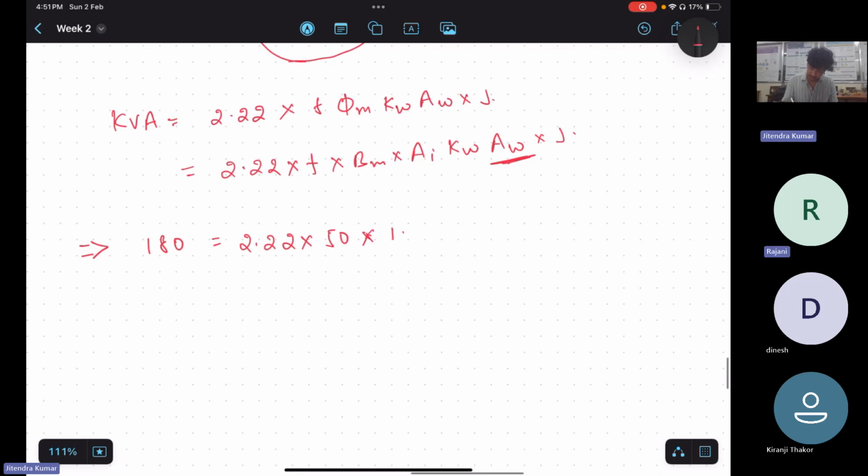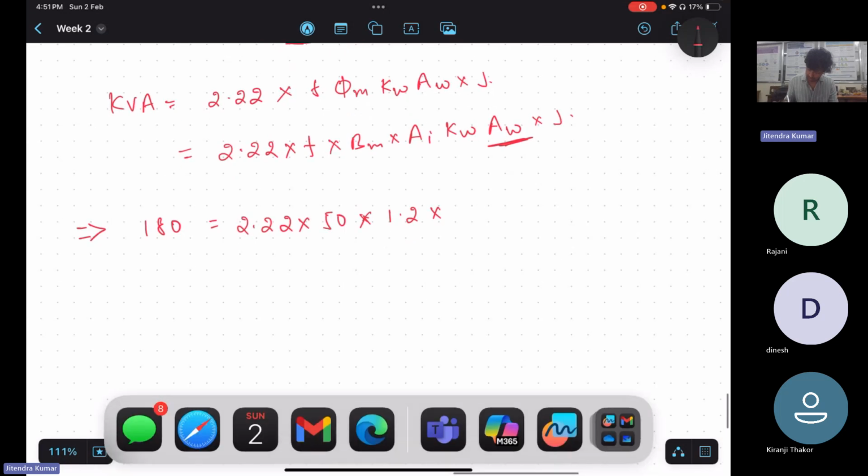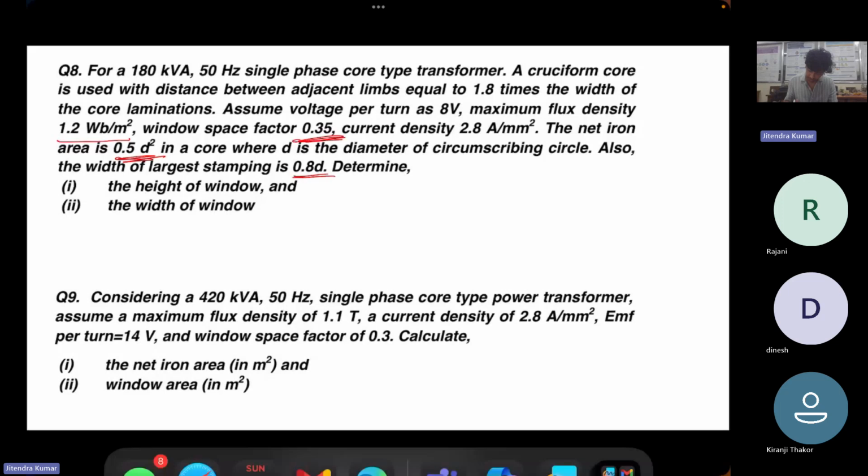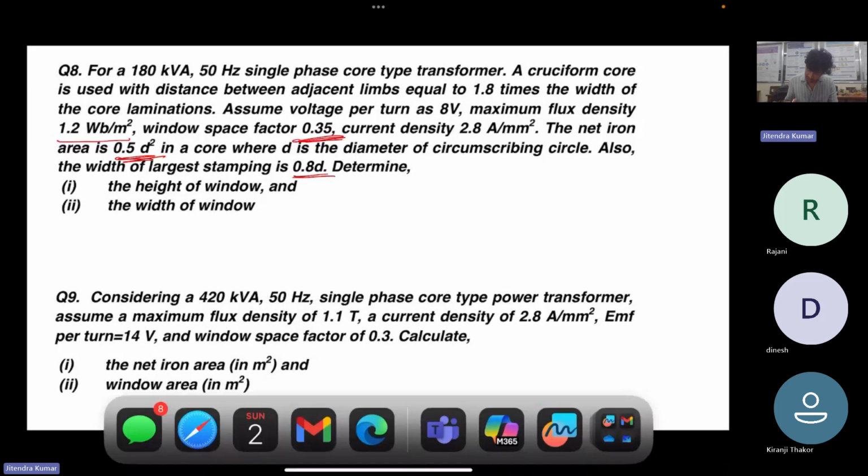So BM is given in Weber per meter square, 1.2, into AI. AI and KW are given. The window space factor is 0.35 and area of iron is 0.5 d square.